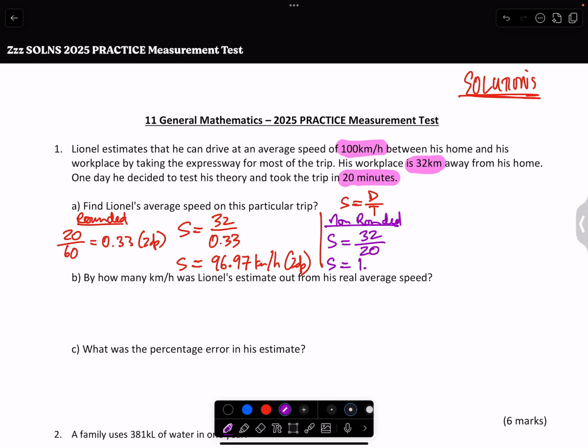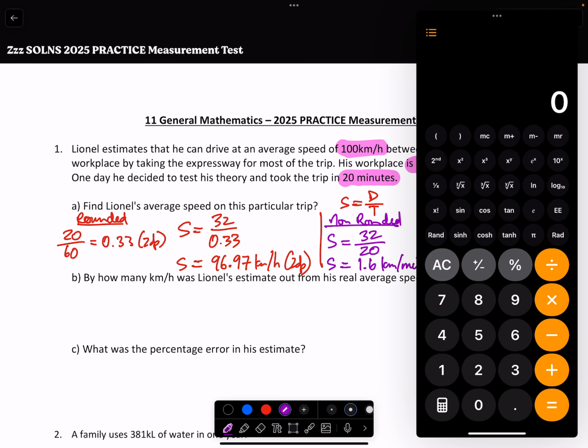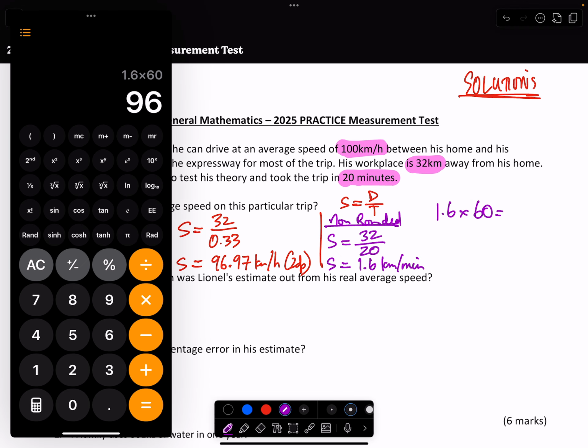That's going to be 1.6 kilometers per minute. And so if you go 1.6 kilometers per minute, then you're going to go 60 times as far in an hour, 1.6 times by 60, 96 kilometers an hour. So you get different answers based on your working out, but you're not going to lose any marks as long as you show the rounding level, okay?